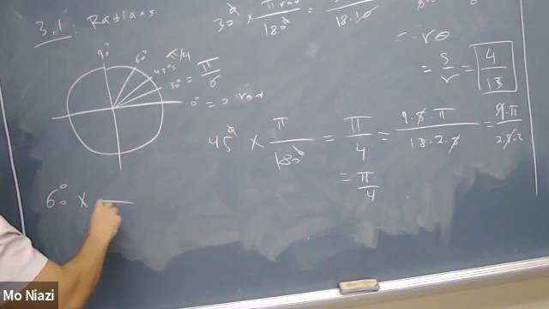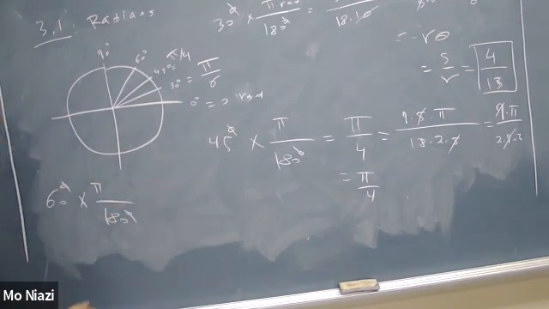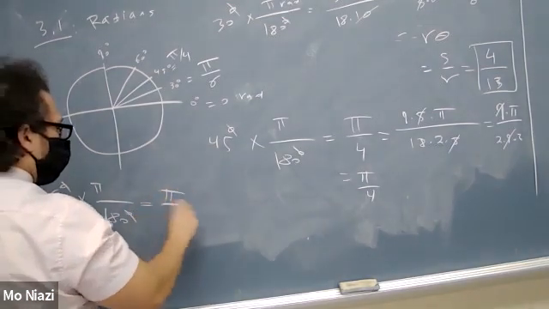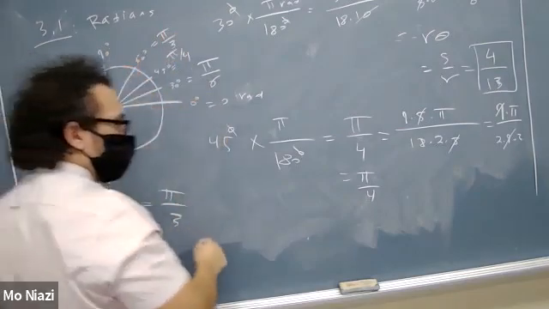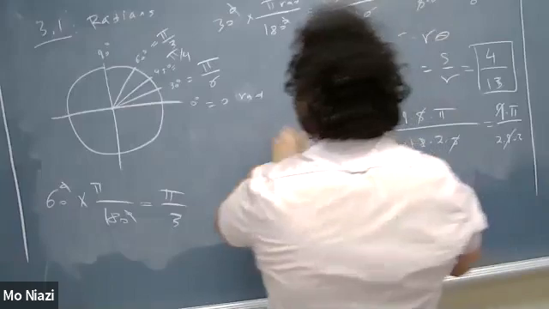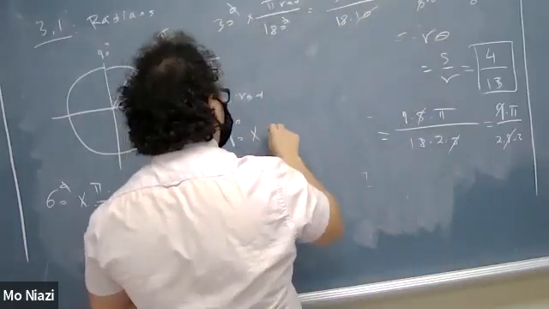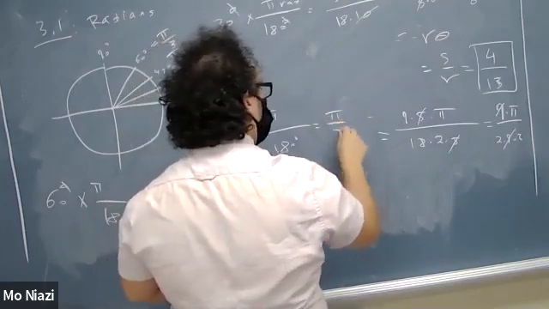Well, use this conversion again, and we get that 60 degrees is pi over 3. What is 90 degrees? Use our conversion. Get pi over 2.